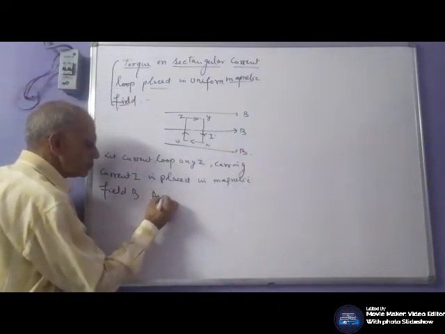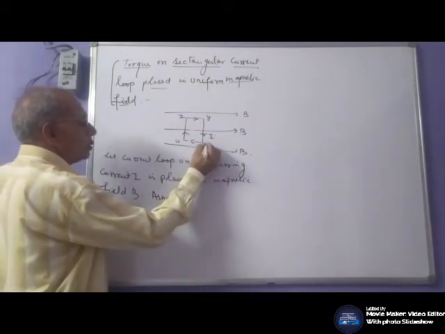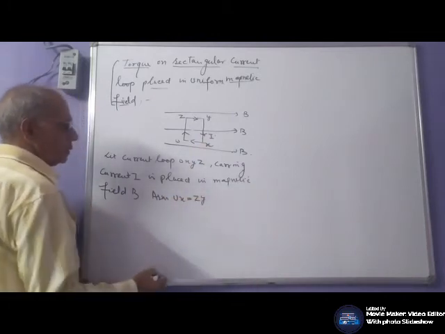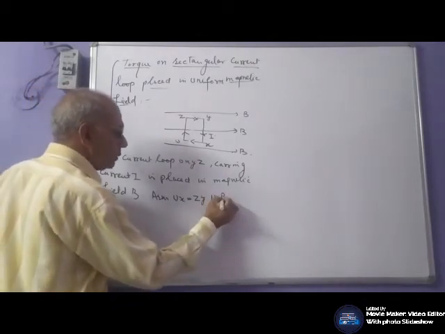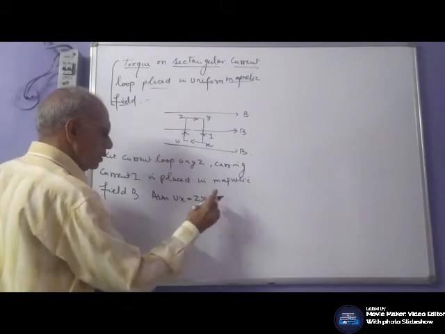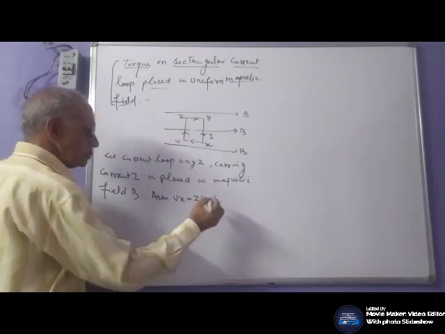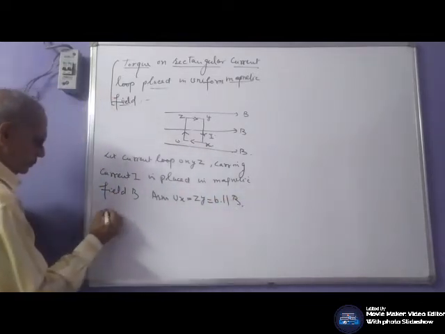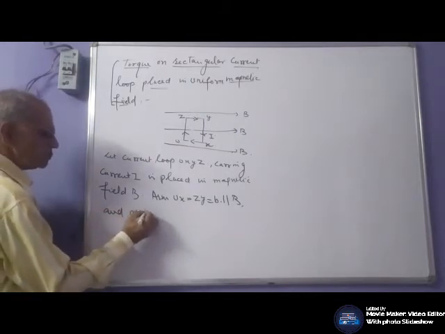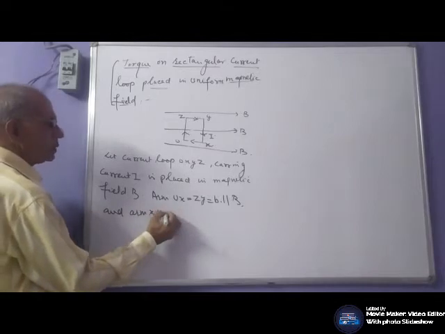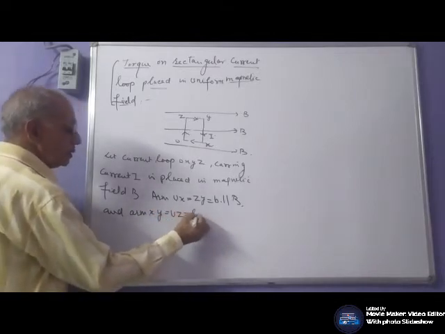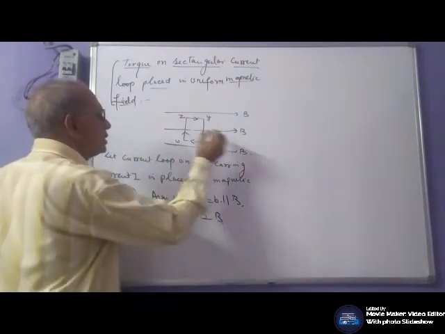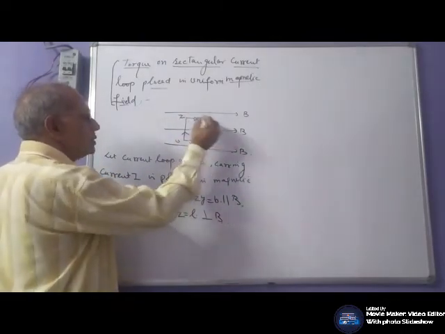Arm UX and ZY are parallel to capital B. It is B, and this length is parallel to B. Arm XY, UZ, the length is L, perpendicular to B. This is B, this length is perpendicular, this length is parallel.